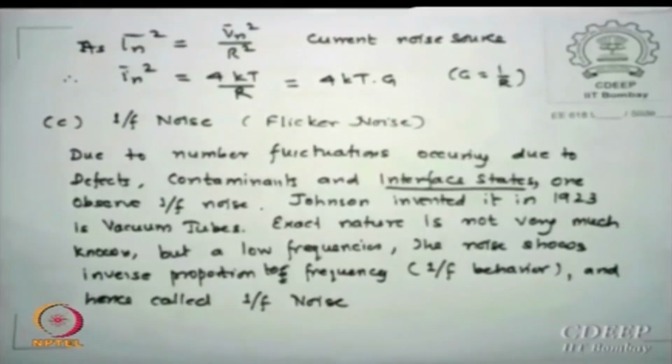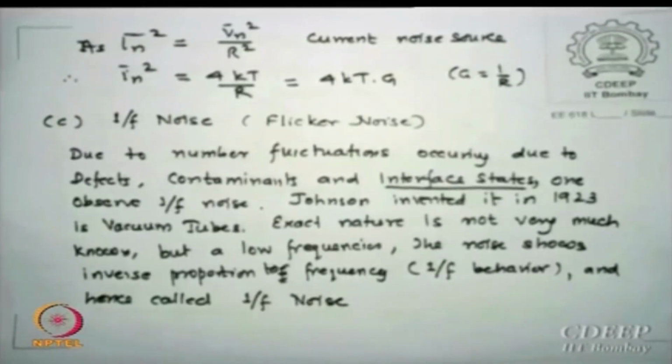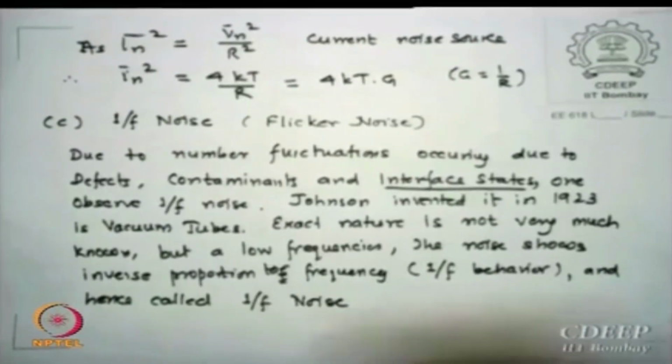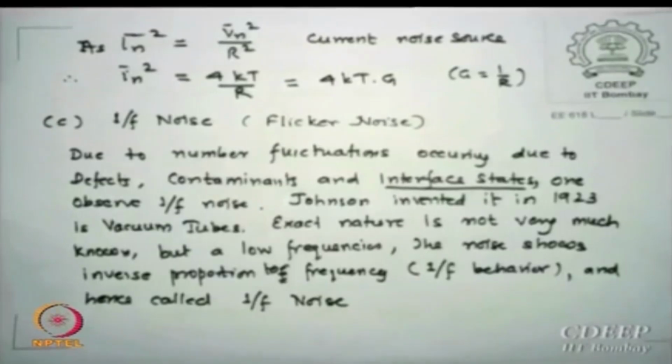Between source and drain you have an interface where the carriers are actually moving. So any change in the interface density will change the relaxation time associated with it, and since there is a time associated with surface recombinations, variation there leads to a noise component, and this noise is found to be inversely proportional to frequency.